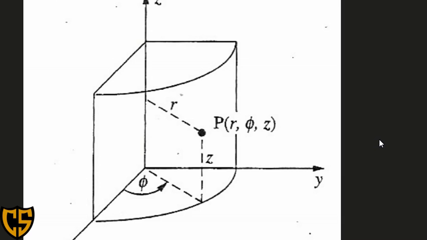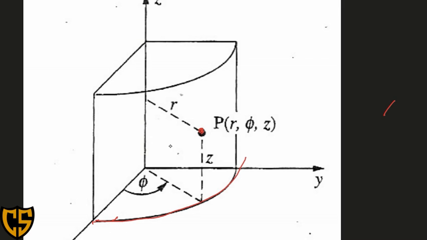So we can transform it from our rectangular coordinate system and convert it into cylindrical. For example, this is our point in the rectangular system. The difference is that we will have the rectangular axes become the cylindrical axes.